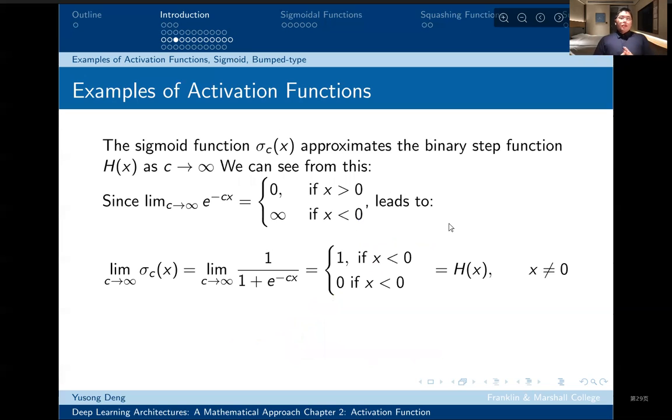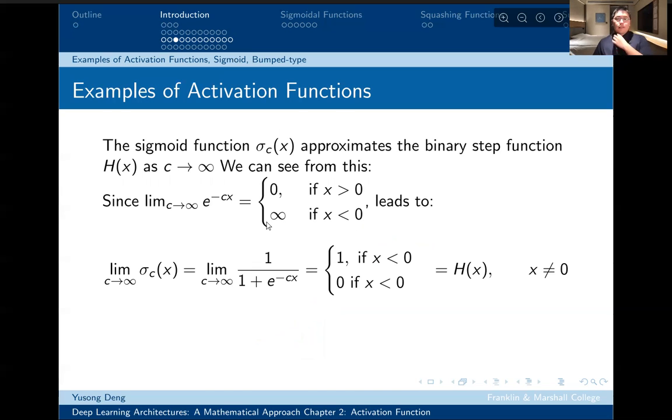And the sigmoid function approximates the binary step function, or Heaviside function H(x), as c approaches infinity. We can see from here the limit as c goes to infinity: this one equals 0 if x is less than 0, and 1 if x is greater than 0.